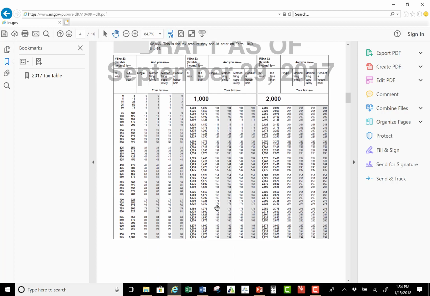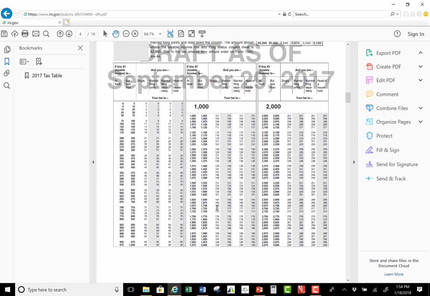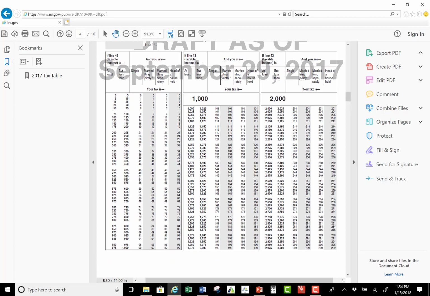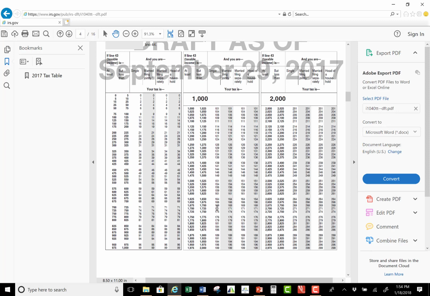Let's see, with the tax table, what they do here, and if they wouldn't put these watermarks on it, it'd be a little easier. They still give you the categories, but what they simply do is they say if you have taxable income of a certain amount, your tax is this, and they just call out the tax to you. So rather than having to take this amount plus the percentage over the lower threshold and calculate it, they just give you the amount on the tax table.